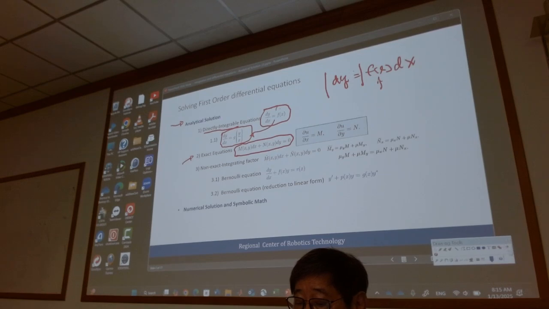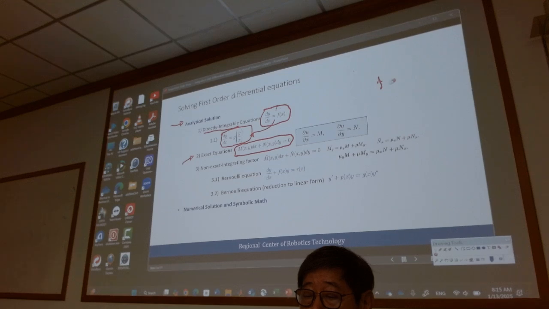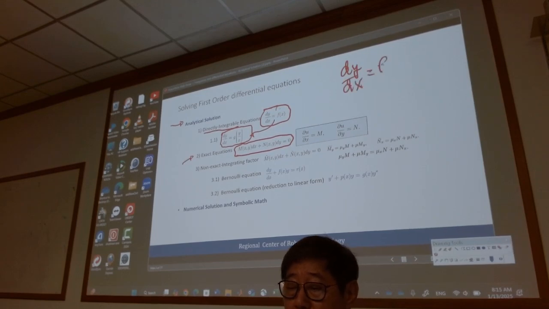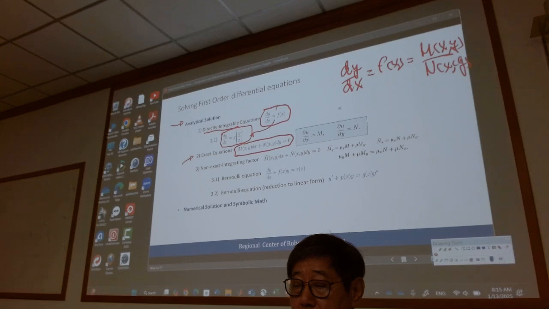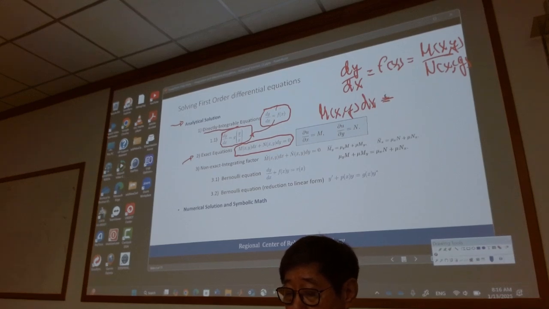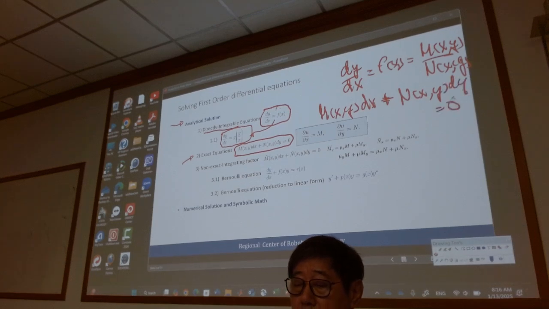For example, if you have dy by dx equal to f of x, y, sometimes you can manage this into M(x,y) and N(x,y), split into numerator and denominator, so you have M(x,y) dx plus N(x,y) dy equal to 0. Don't forget x is the independent variable.